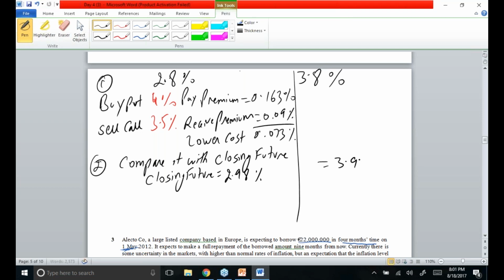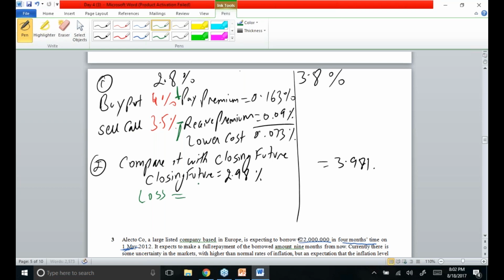In this case it was 3.98. So if rates are below this level, this will be exercised. If rates are above this level, this will be exercised. So compare closing future with a call. That means the person to whom we have sold call will exercise the call option and we will have to face the loss. So whenever interest rates go down, call option will be exercised, and whenever interest rates go up, put option will be exercised.